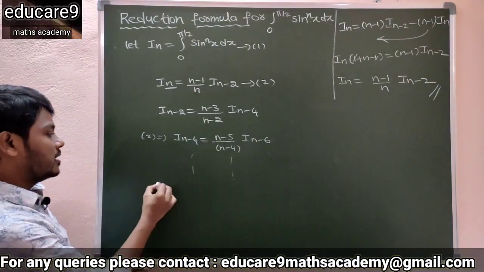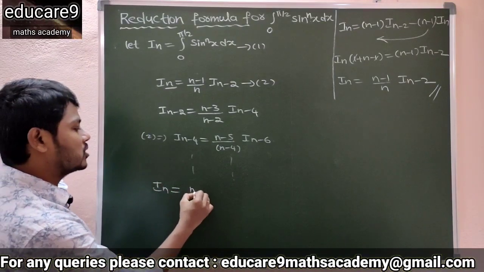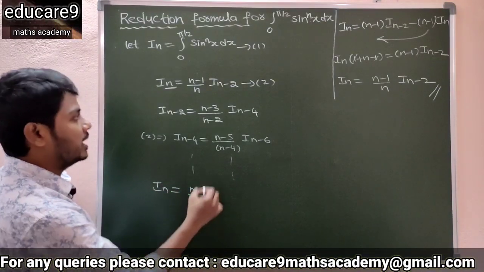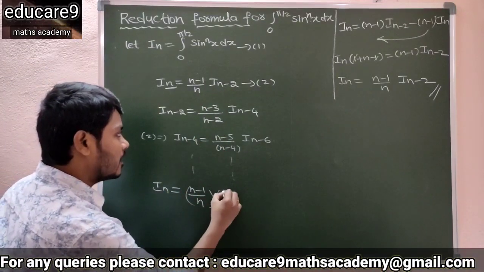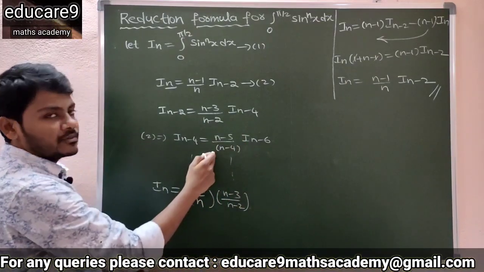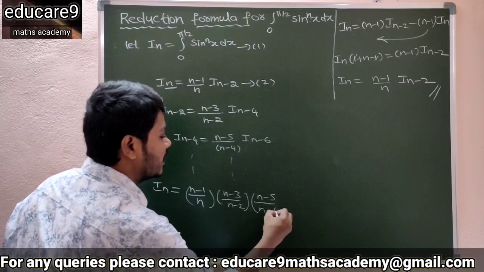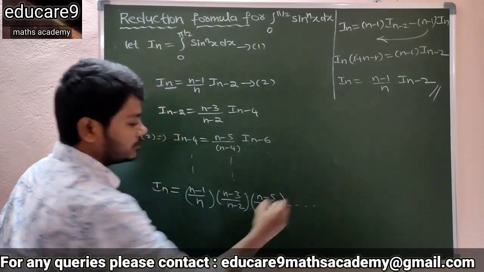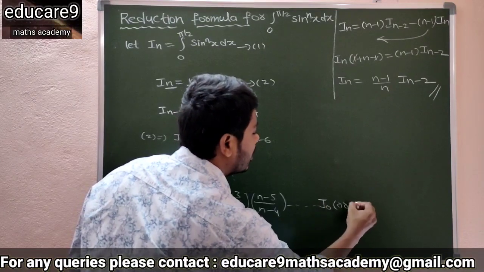Therefore clearly this can be written as I_n equals n minus 1 by n, times, what is I_(n minus 2)? n minus 3 by n minus 2, times, what is I_(n minus 4)? This one, n minus 5 by n minus 4, and so on. This is I naught or I1.